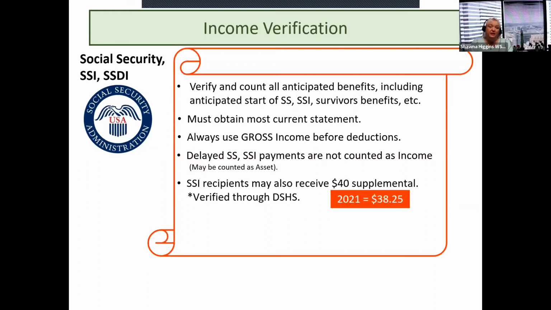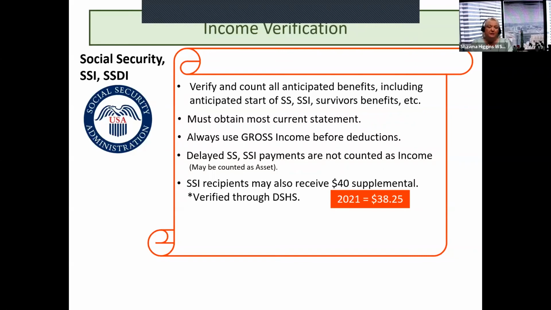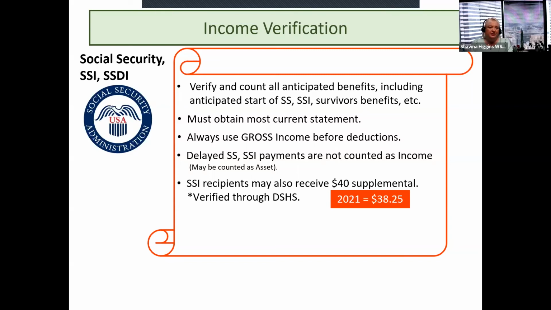We found out that this year, that dollar figure is actually going down. It's going down to $38.25. I'm not sure exactly why. I think this is the first time in years. It's always been $40. We wanted to let you know that we did find that out. And any garnishments that are on there are not going to be deducted either.